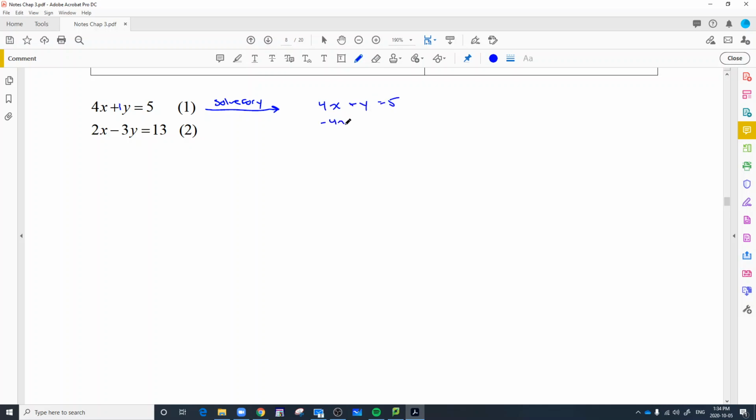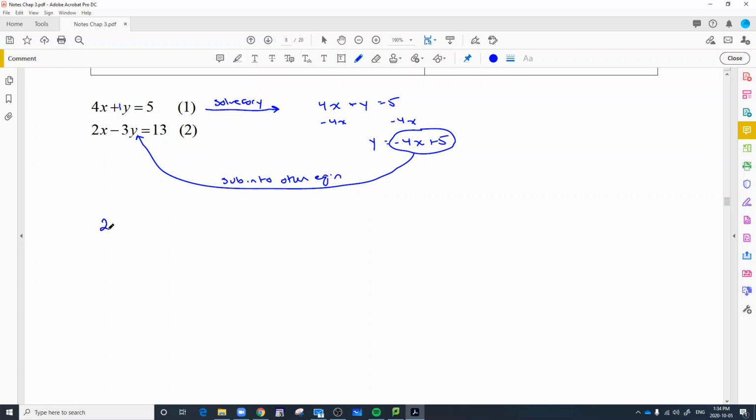So I'm going to minus 4x, minus 4x. I'm going to go y equals -4x plus 5. Now you're going to take that y equals -4x plus 5, and you're going to substitute it into the other equation. So sub into other equation.